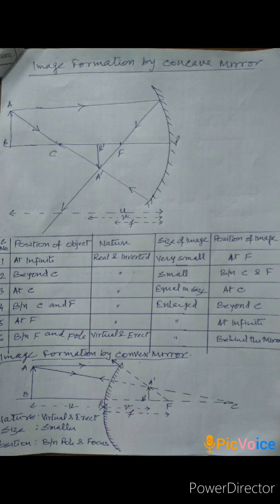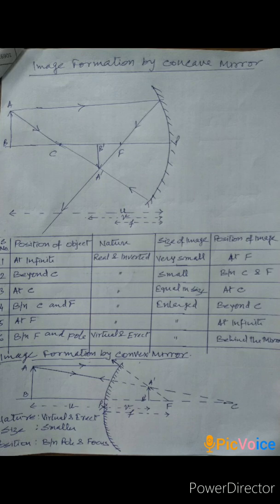As for the position of the image, in the first case, when the object is at infinity, the image is formed at the focus, and then shifts from the focus towards the center of curvature and beyond C. When the object is at focus, the image is formed at infinity, and in the last case, when the object is between focus and pole, the image is formed behind the mirror.